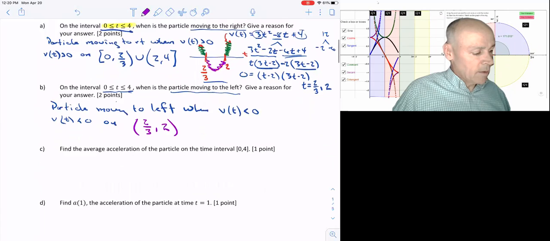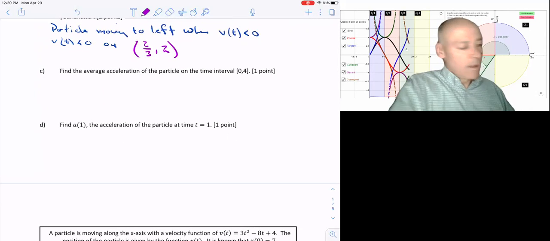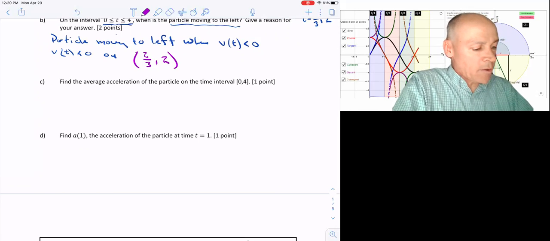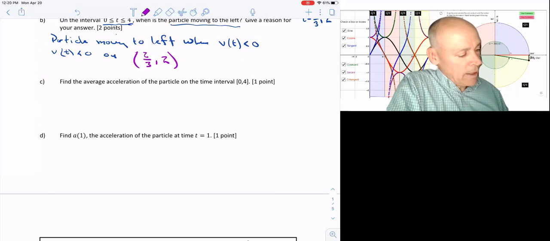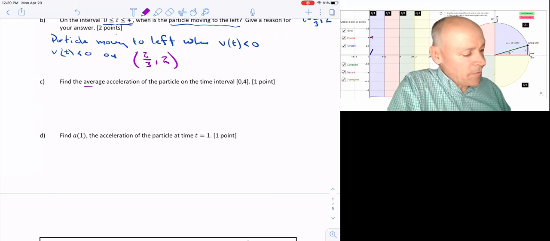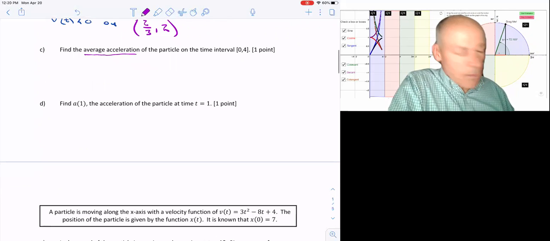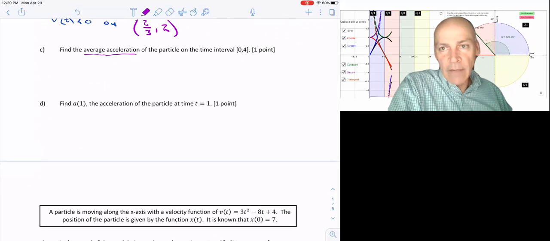Okay. Part C, couple ways you can go on this one. They're asking me to find the average acceleration of the particle on the time interval 0 to 4. Well, I can either go this way and find the average value of a function, which is 1 over b minus a times the definite integral from a to b of that function I'm asked to find the average of, in this case, acceleration.